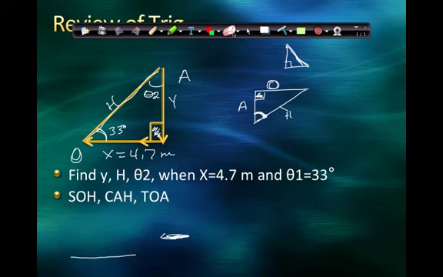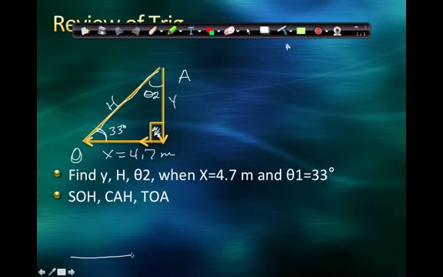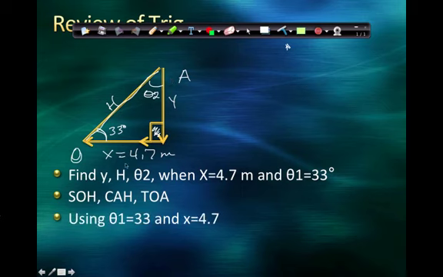Okay, so let's get back to our problem and solving our problem. We're going to use theta 1, which is 33 degrees, and x is equal to 4.7 to solve for, let's say, the h side.